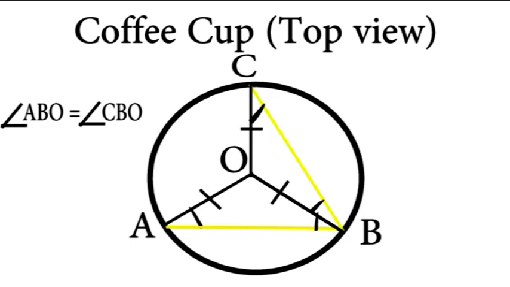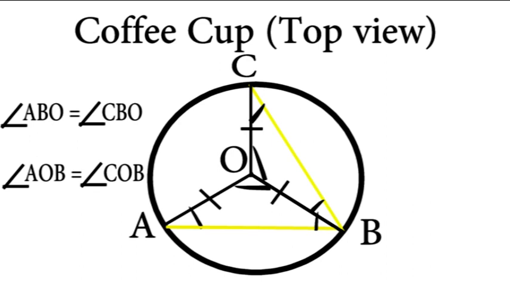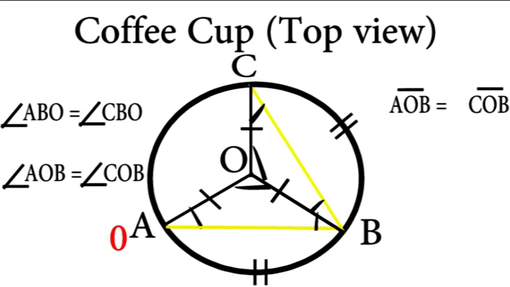And thus by the triangle angle sum property, angle AOB would also be equal to angle COB. Now these are two angles subtended by the center of the circle, so the arc lengths of AOB and COB would also be equal.